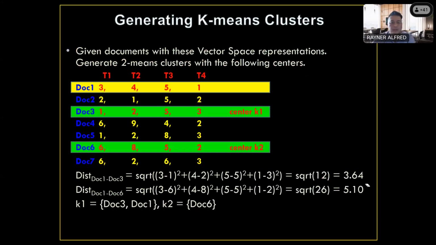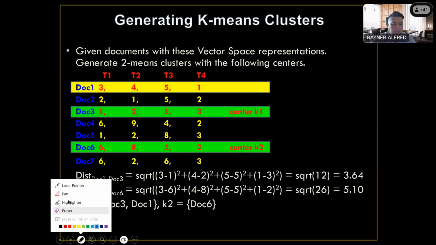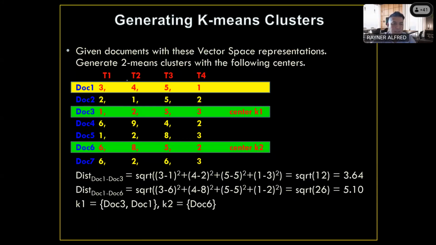Let me show you how we apply this in a real world situation. For example, we have 7 documents here. This is a document that contains terms. The terms consist of all the words or keywords that exist in this document, and the number here refers to how many times they exist.